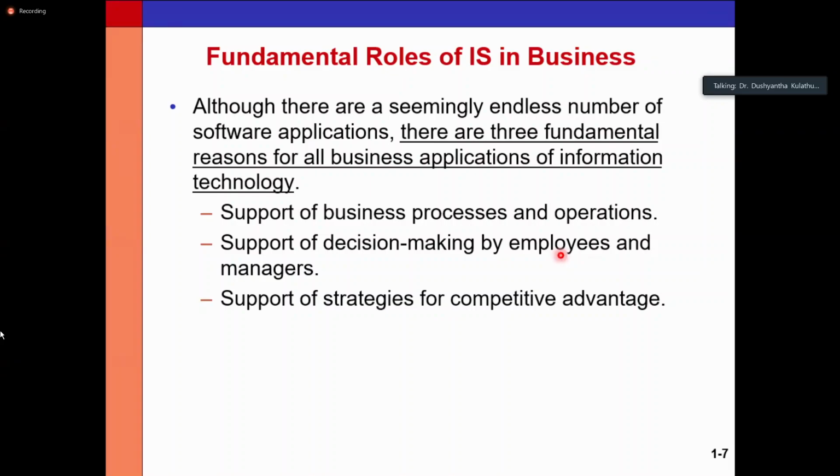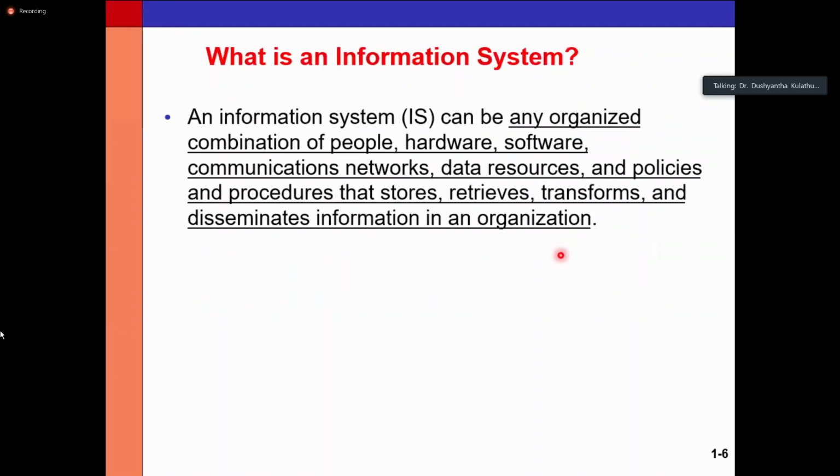As we highlighted earlier, we gave a definition of an information system. We said that we utilize these particular components in order to store, retrieve, transform, and disseminate information.